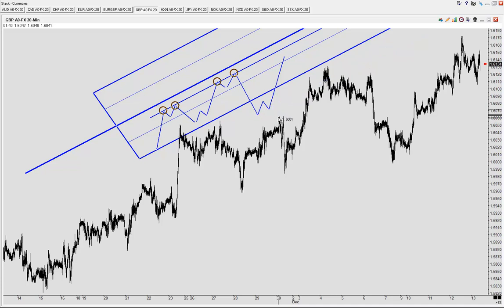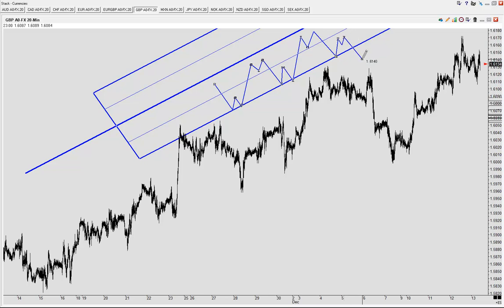So what that tells me is this slope continues to work. The fact that we're outside of the lower parallel, it almost means nothing to me. What would mean more to me is this. If we have a floor at the lower parallel, and it works several times, and then we see this.